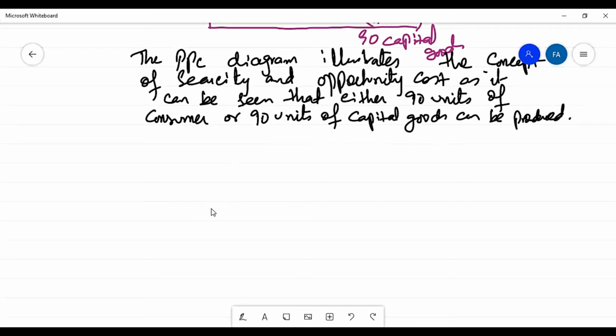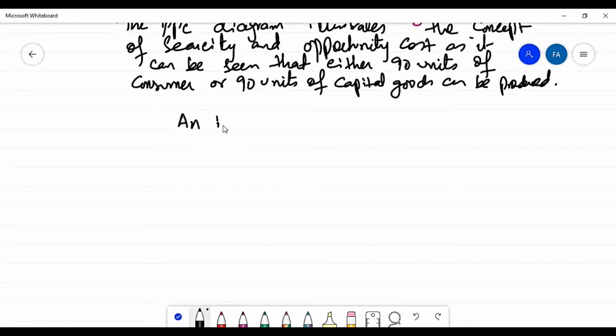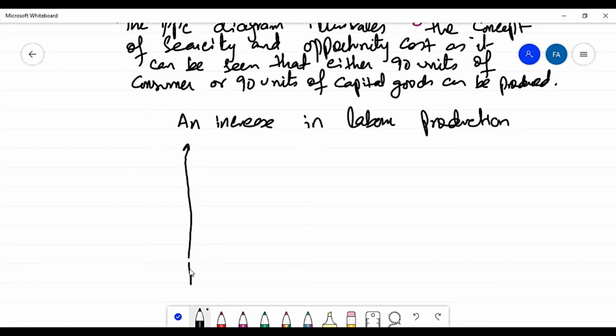Okay. So we'll make a diagram. An increase in labor production. This is the diagram of increase in labor production. This is capital, this is consumer goods. Let's consider the same.